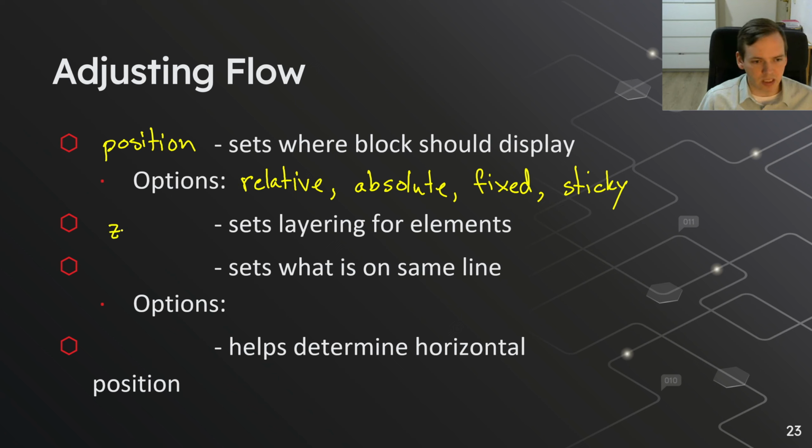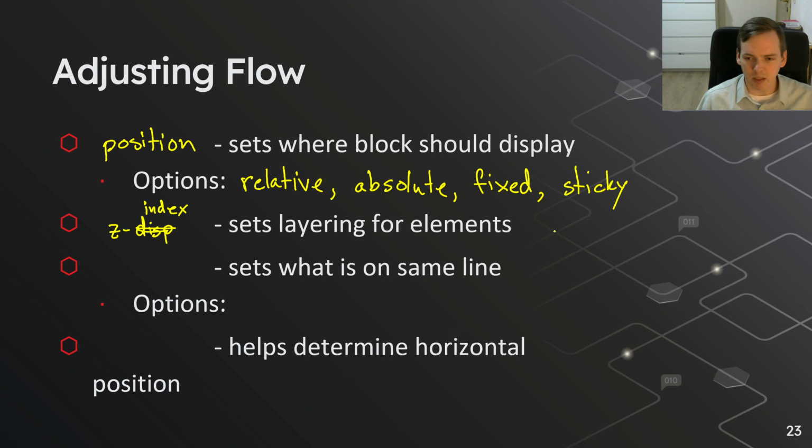Next, we have Z-display. Sorry, not Z-display, Z-index. And that sets the layering of elements. So you can think about the Z-axis, if you're familiar with that from math, the Z-axis being into and out of the screen. And so the higher the number, the more on top it will be.